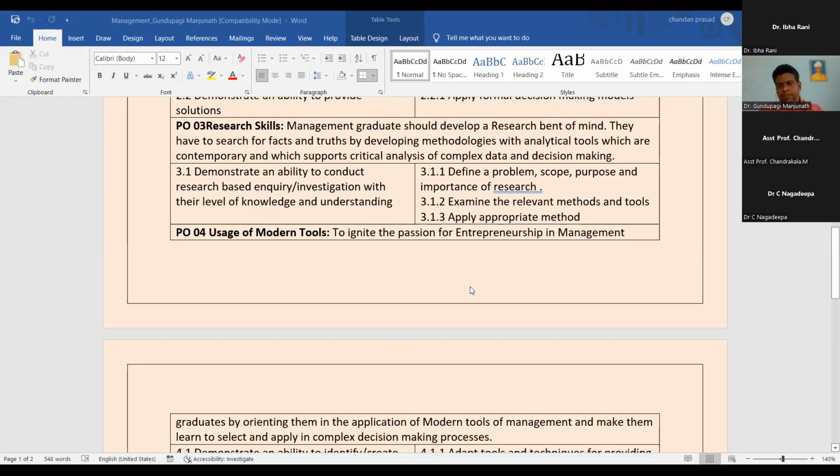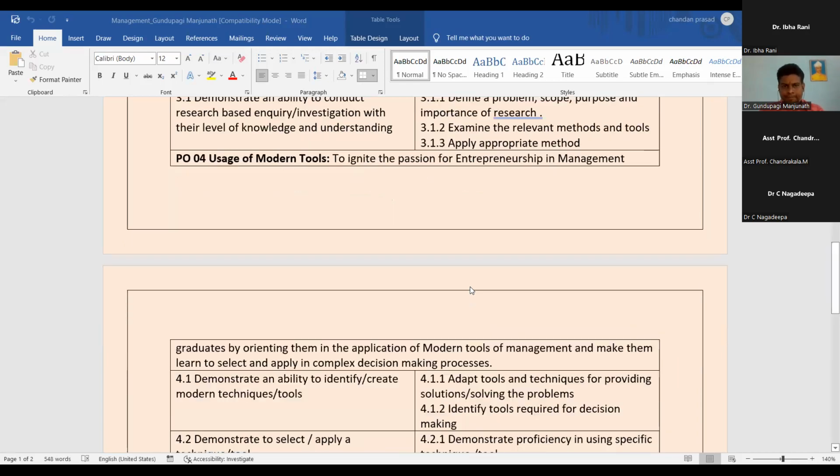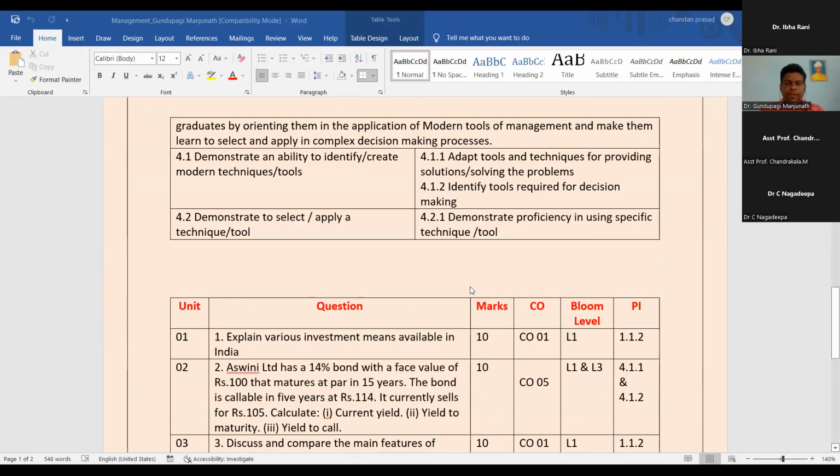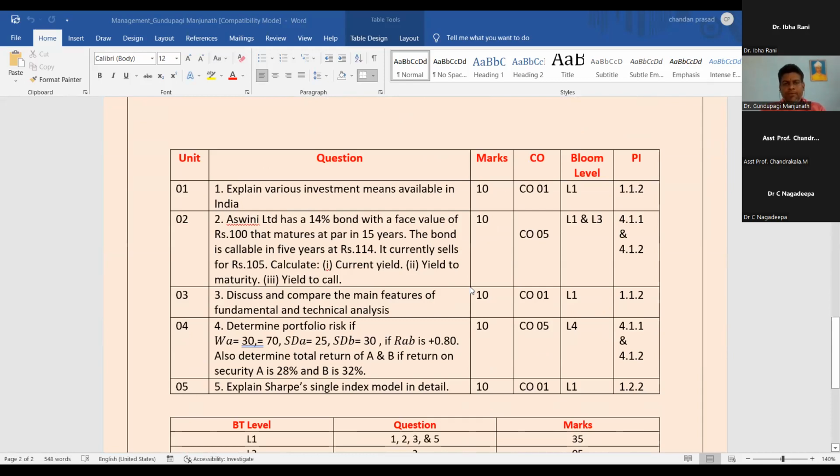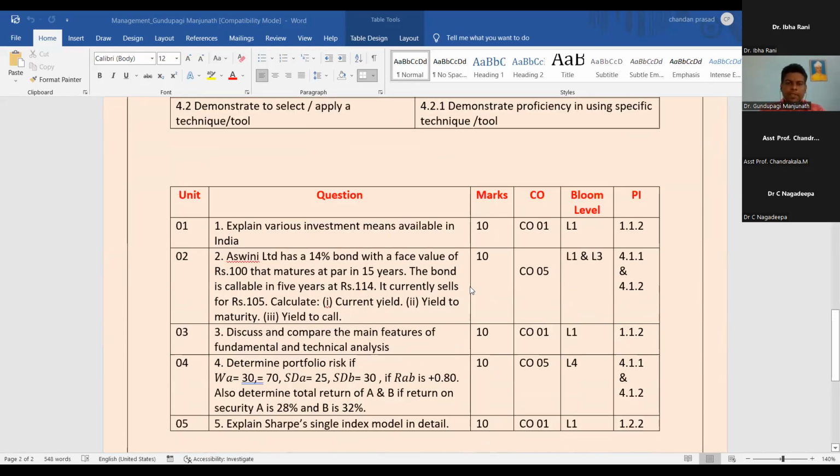So if your college has program outcomes, definitely you can use them, and when you are designing your curriculum itself, include all of them. Now, when we are designing any question paper, this plays a major role, and we call this a table of specifications.